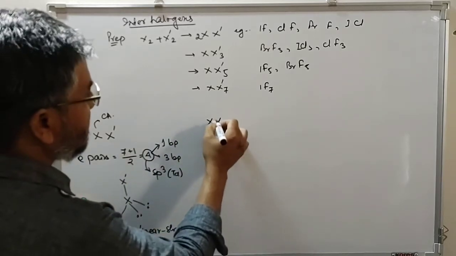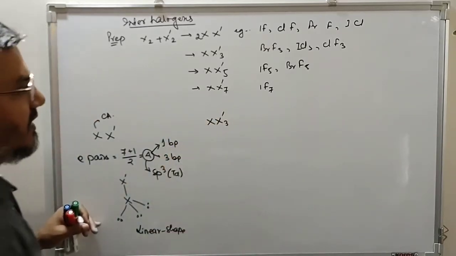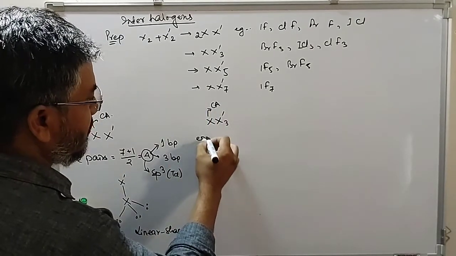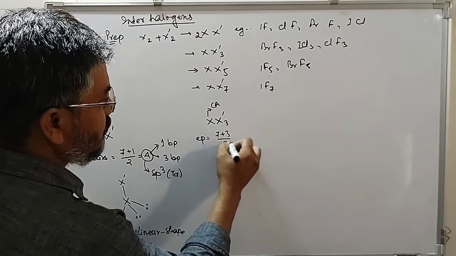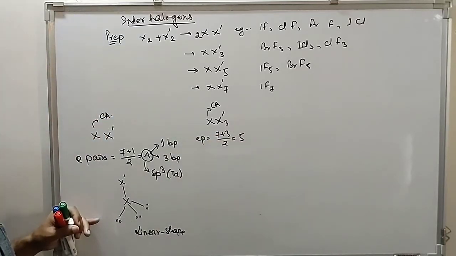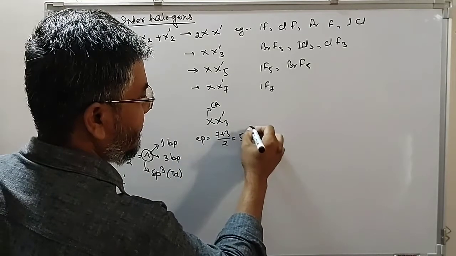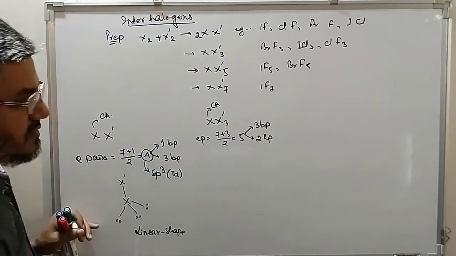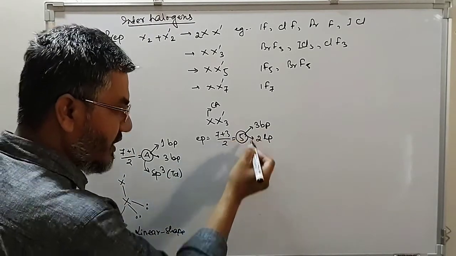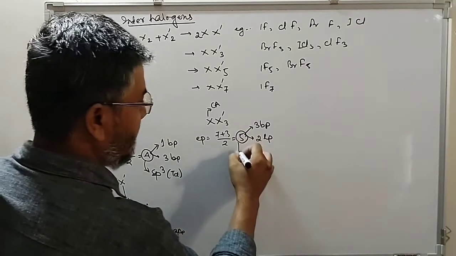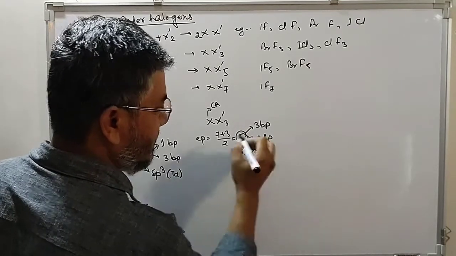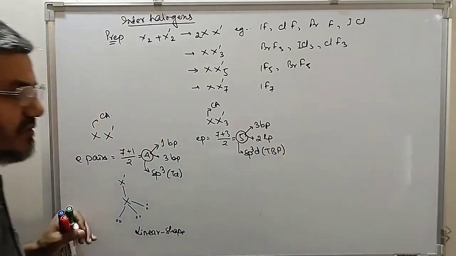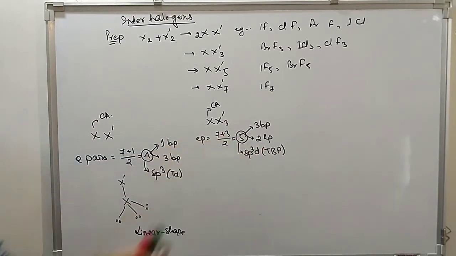So this is the structure and geometry of XX prime. Now coming to XX prime 3, X is our central atom. Let's find the electron pairs: 7 plus 3 by 2, so we have 5 electron pairs. Number of other atoms is 3, so we have 3 bonded pairs and 2 lone pairs. Since the number of electron pairs is 5, we require 5 hybrid orbitals, so the hybridization is sp3d and the geometry will be trigonal bipyramidal, but the shape will be different due to the presence of lone pairs.